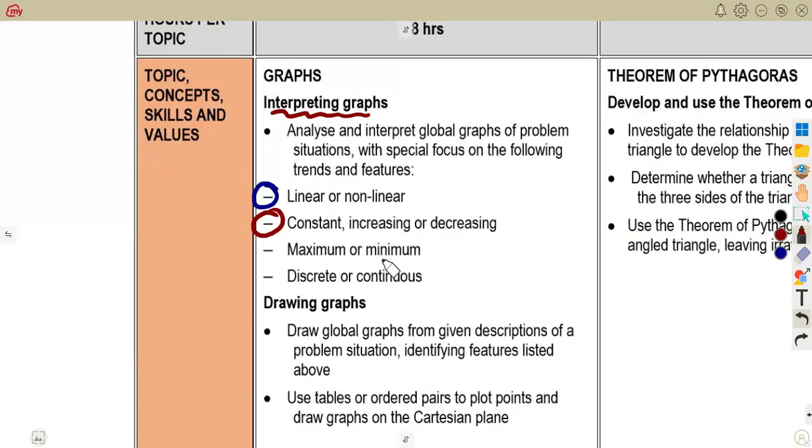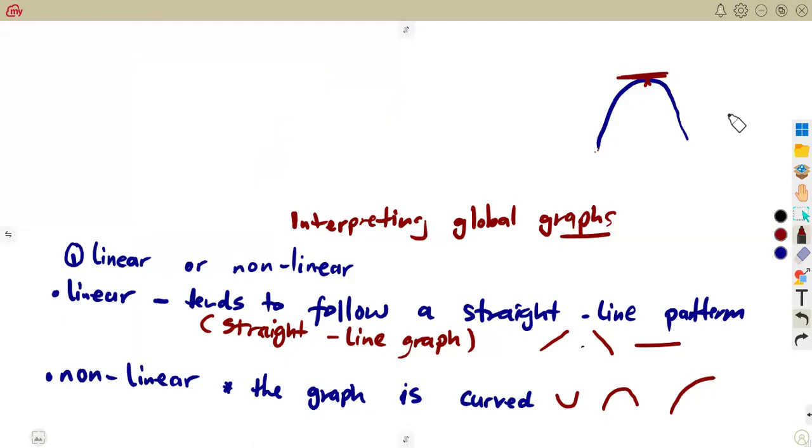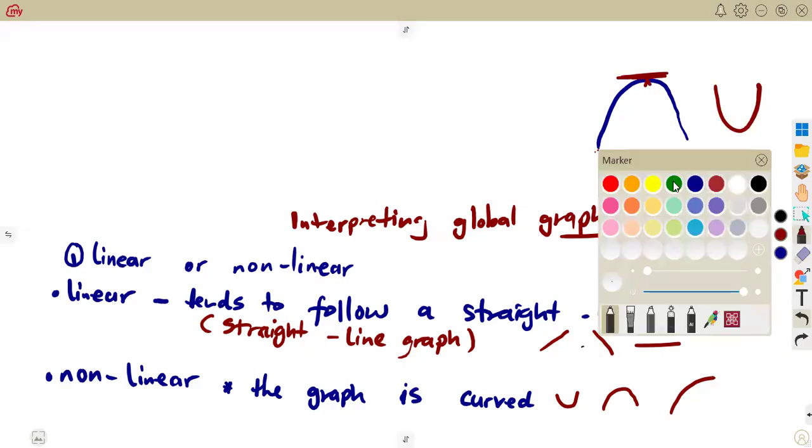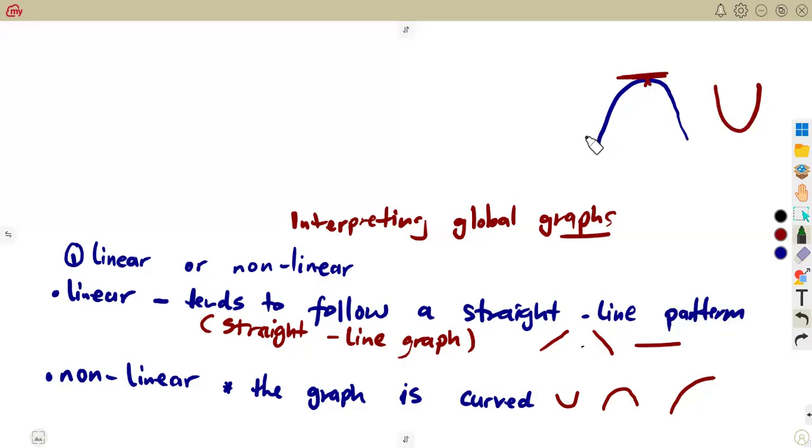That type of graph consists of maximum and minimum values. But I'm not going to focus on that for now. I'm focusing on the increase part. The increase is going up. On our graph, going this side, we go up to this point where it is now straight, which is where it is constant.